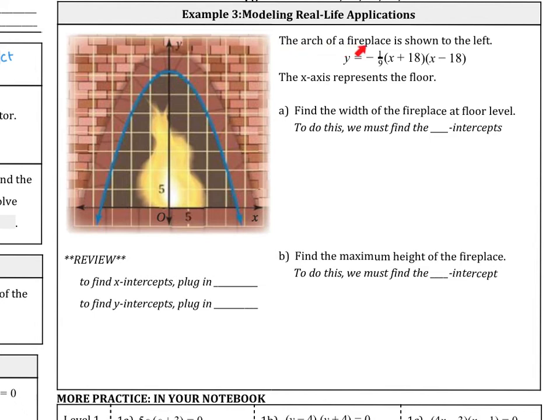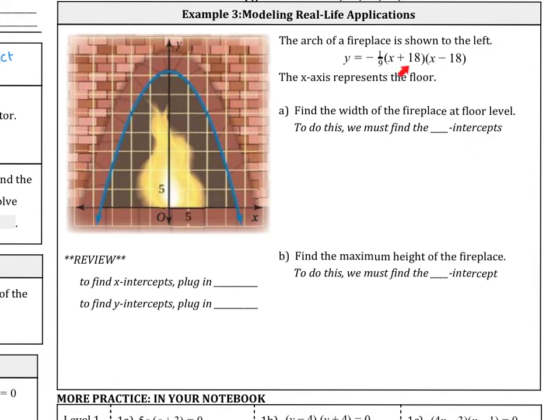The arch of a fireplace is shown to the left, and this is the equation of this arch. The x-axis represents the floor. Find the width of the fireplace at floor level. To do this, we must find the x-intercepts.